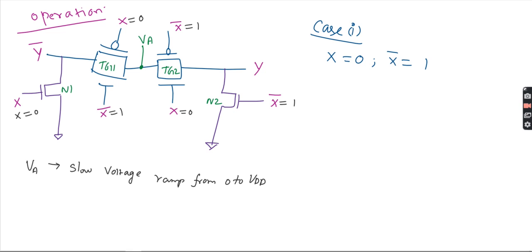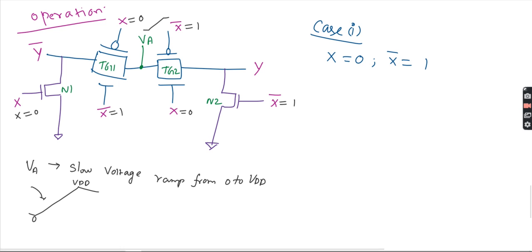The VA is like this, 0 to VDD. This will be your VA that we are applying, slowly applying from 0 to VDD.